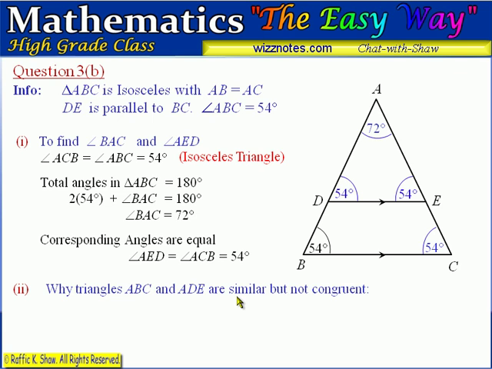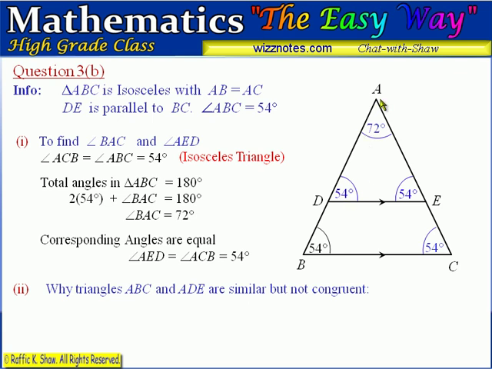So similar triangles are triangles with all angles equal, but congruent triangles are triangles with all angles equal and all sides equal. Congruent triangles are equal in every way.